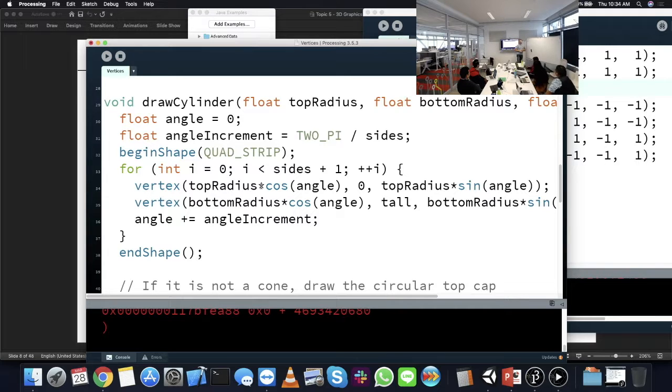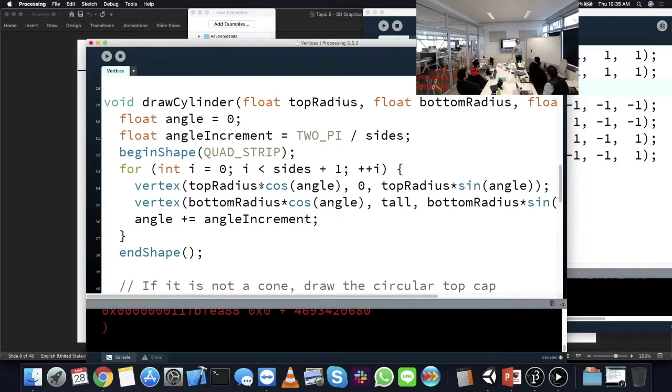SOHCAHTOA is a nice, easy way of remembering the relationship between sine, cosine, and tan with a triangle. So if we have a right-angled triangle, which looks like this, and we have some angle here we'll call theta. If this is the angle we're looking for, this is known as the adjacent side, the side which is next to it. This is known as the opposite side because it's the side which is opposite to the angle, and of course in a triangle that's a hypotenuse.